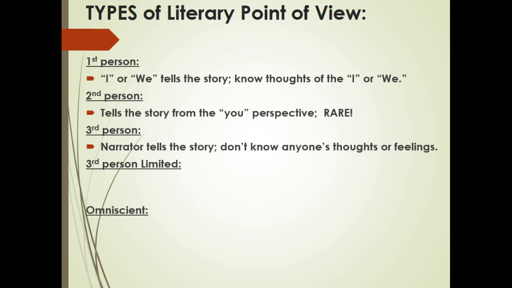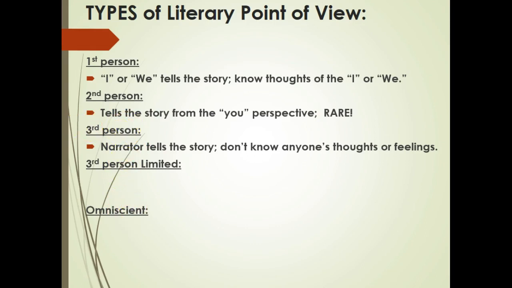A narrator would tell you what someone says or what someone looks like, but you can't know anyone's thoughts or feelings if it's just third person. So again, you could just call it third person, or it could be called third person objective, depending on the terminology. We are going to use third person objective just to be really clear, because technically all the rest of these are third person.